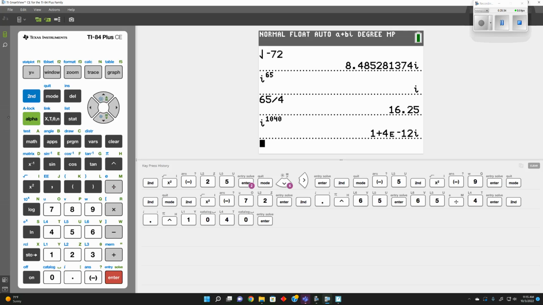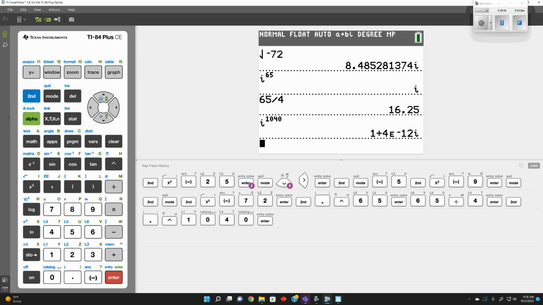So if we wrote this out, we'd have 1 plus 0.000000000004 i. What is this number, with all these zeros, really close to? So really what this is telling us is that this whole value is 0, which just leaves us with 1.